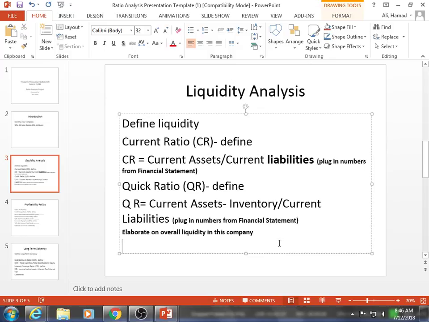Before we elaborate on the overall liquidity, the receivable turnover ratio.